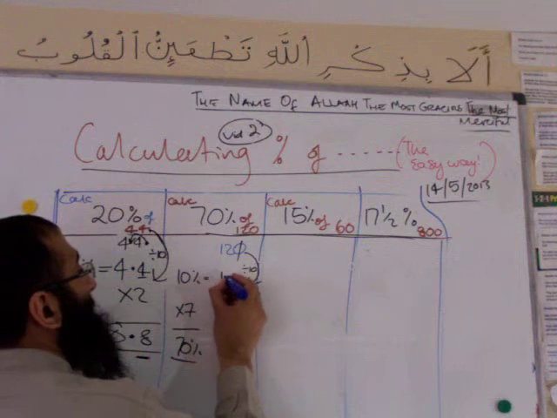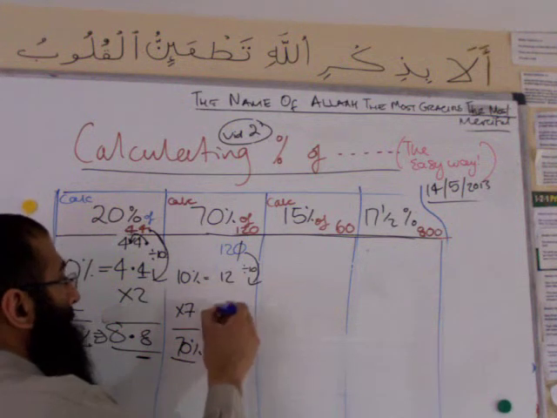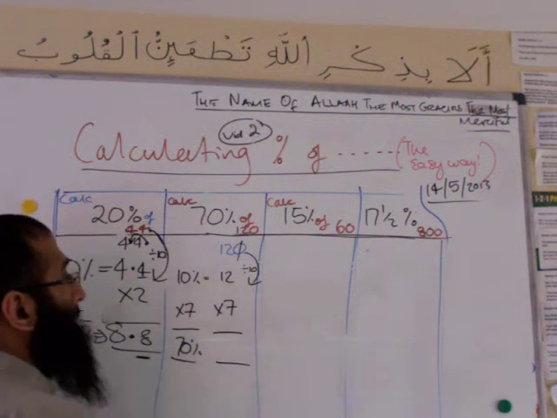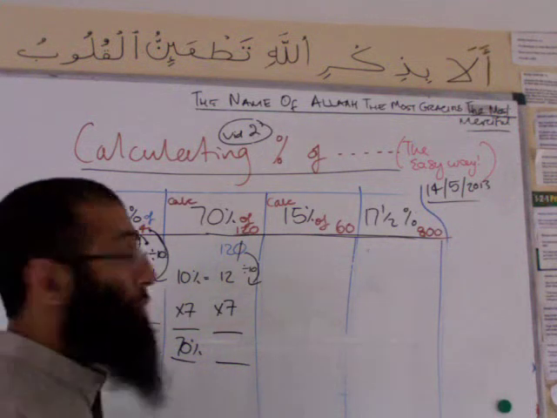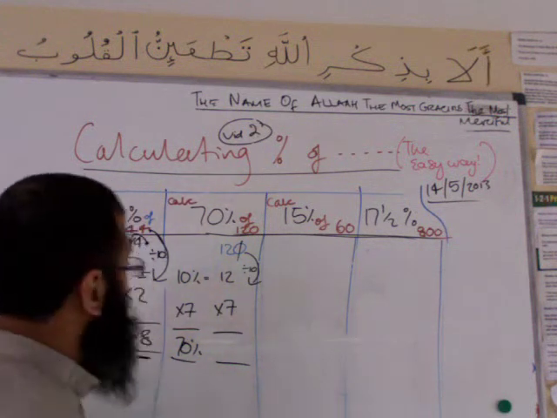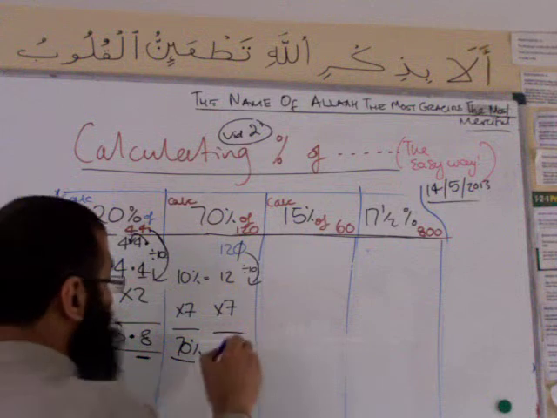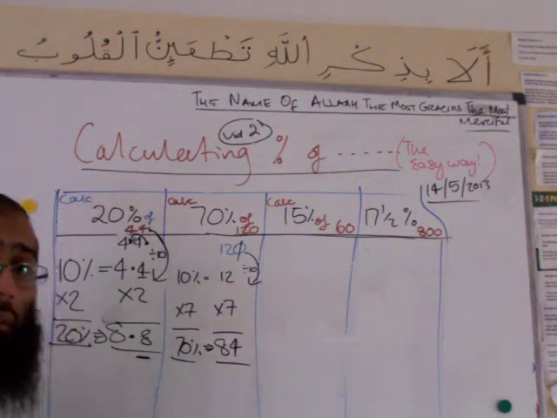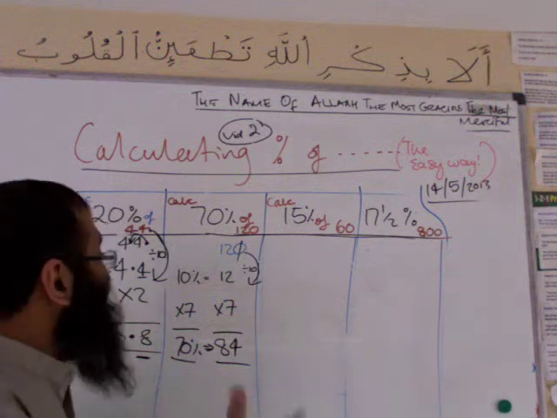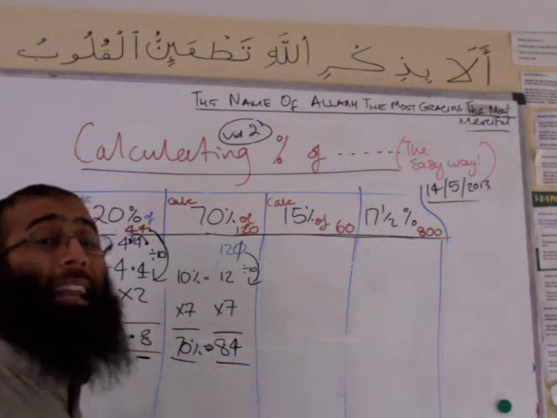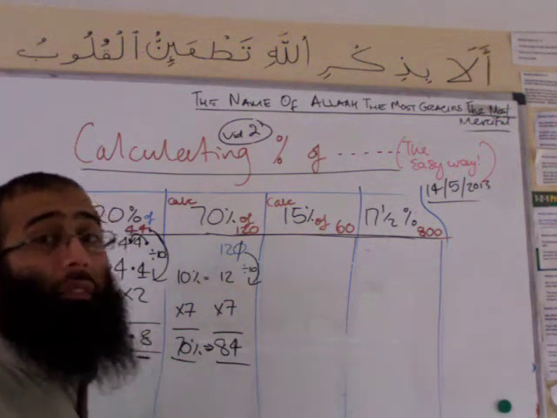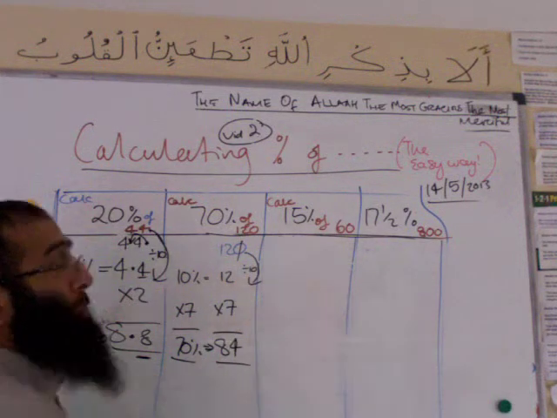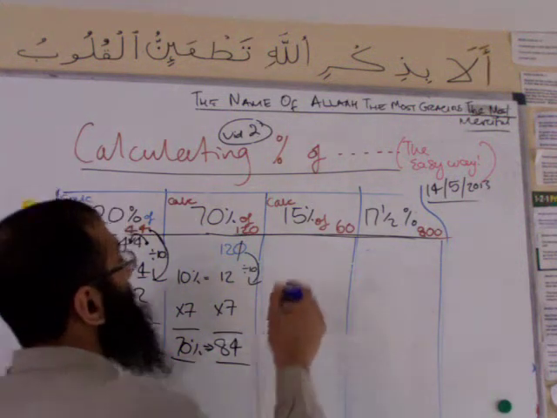That gives me a 10% value of 12. And then we times it by 7. 12 times 7 gives us an answer of 84, from the timetables. So here we are working out percentages using number bonds, using a 10% value and then timesing it by 7.